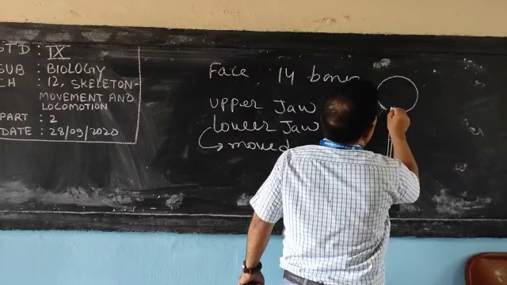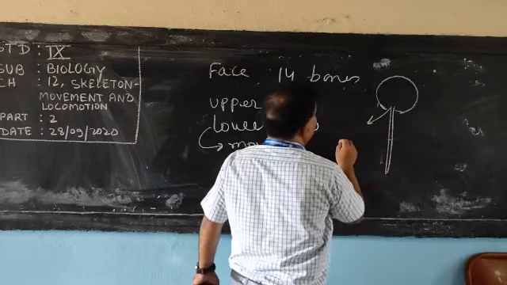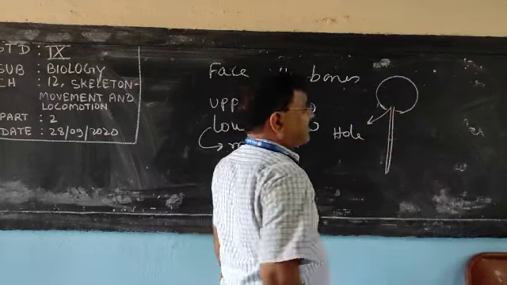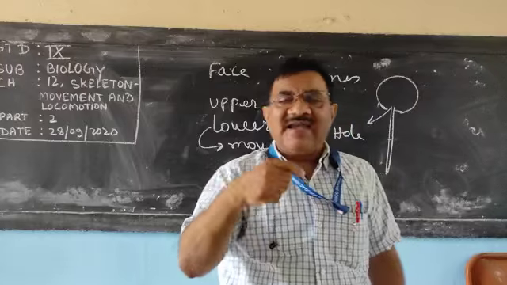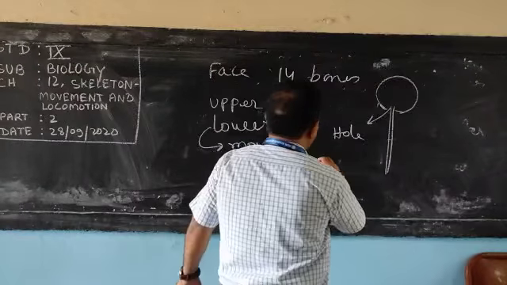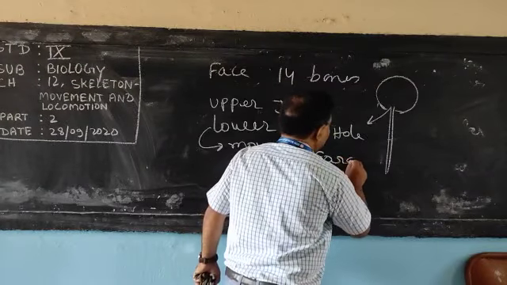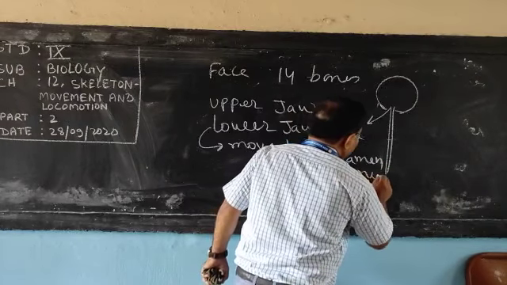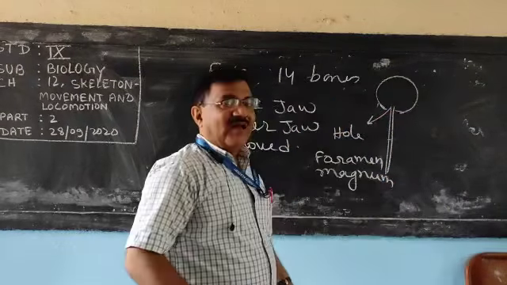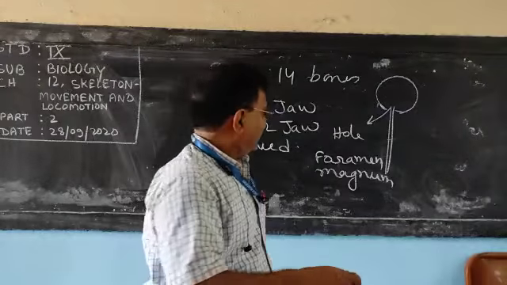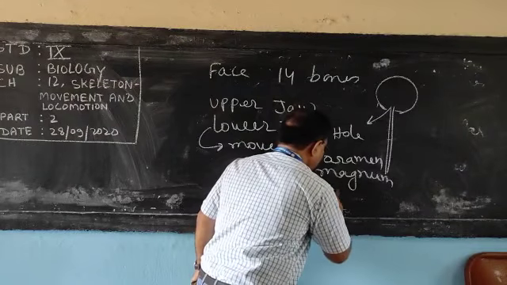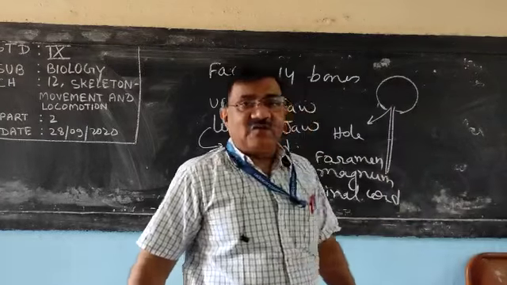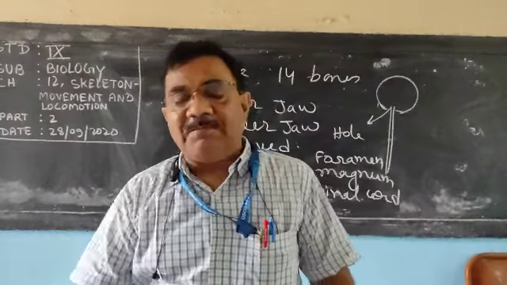This very important hole, by which the head is fixed, is called the foramen magnum. Through this foramen magnum only, the spinal cord passes from the brain to the vertebral column or backbone.